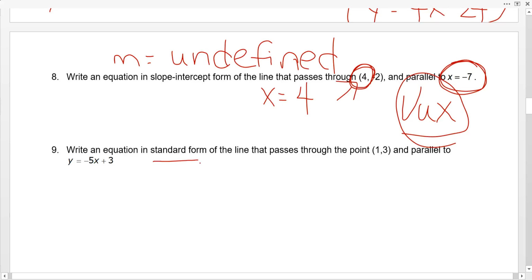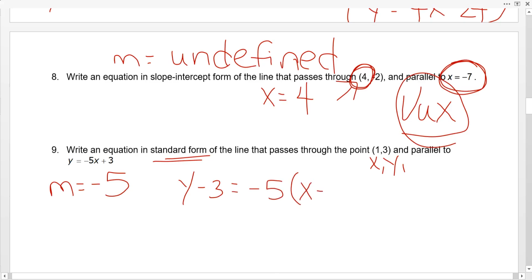Okay, number 9, standard form. This one's already solved, so my slope is negative 5. I have x1, y1. So I have y minus 3 equals negative 5 times x minus 1. I'm going to distribute. y minus 3 equals minus 5x plus 5.